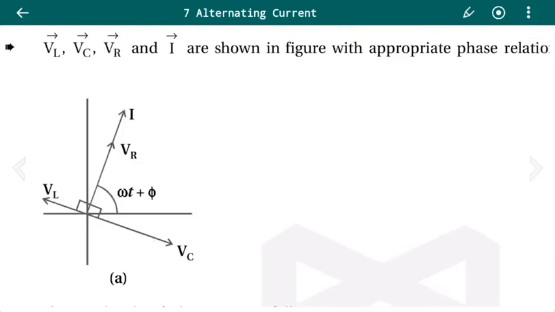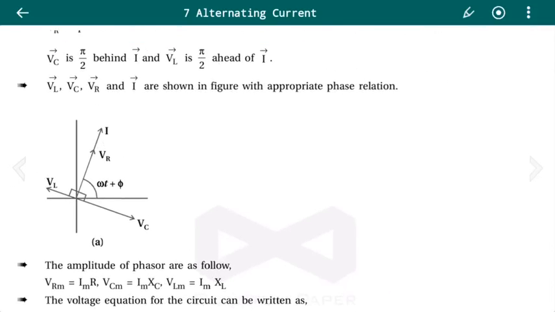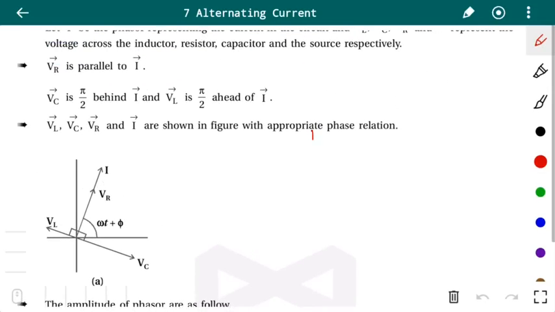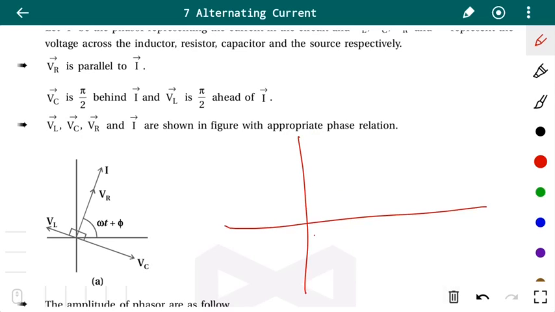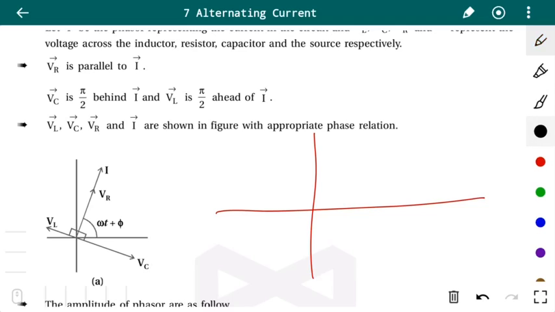So here we can draw the same diagram like this. Here we are having the V vector, and here will be VC.